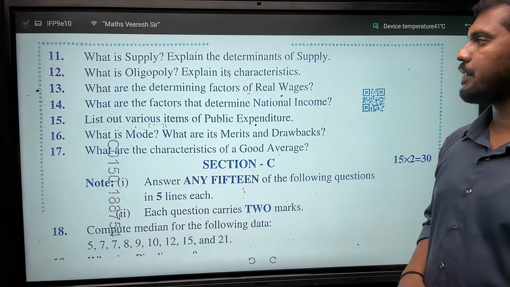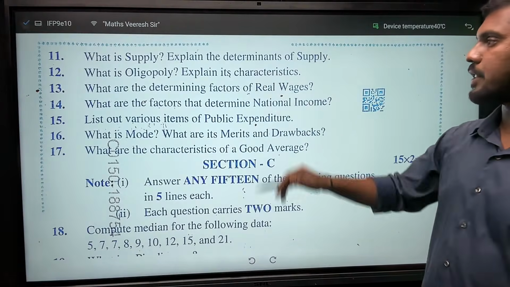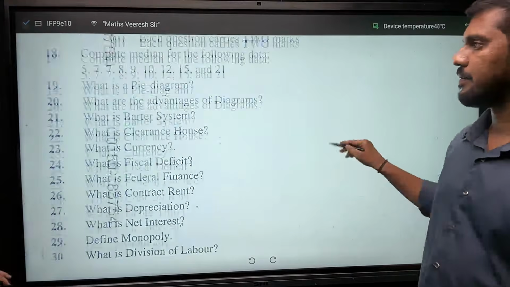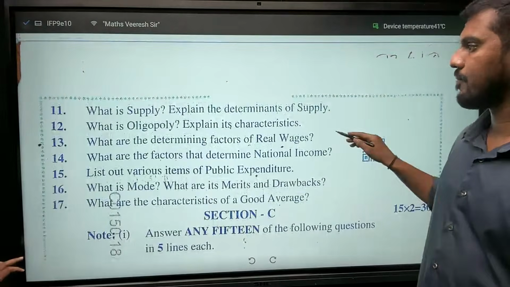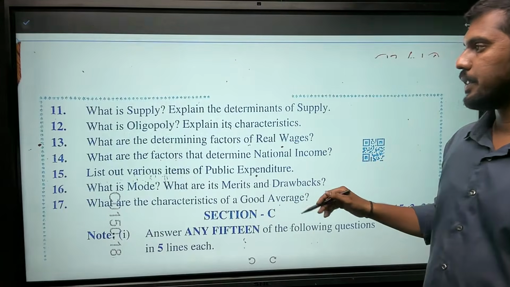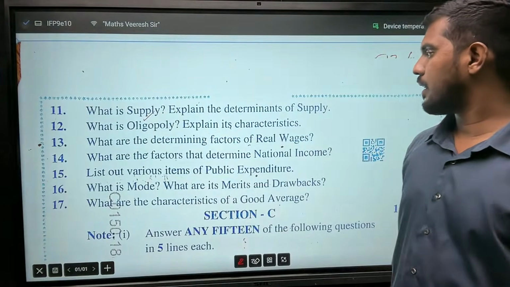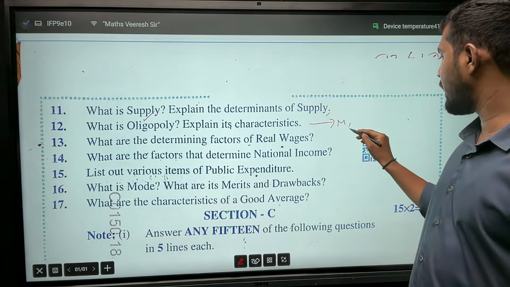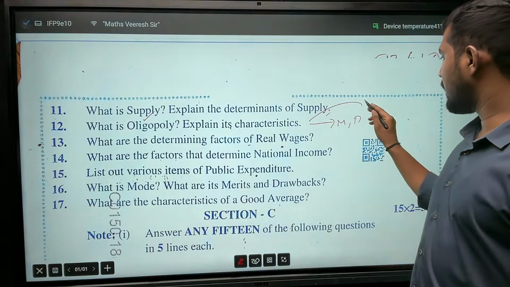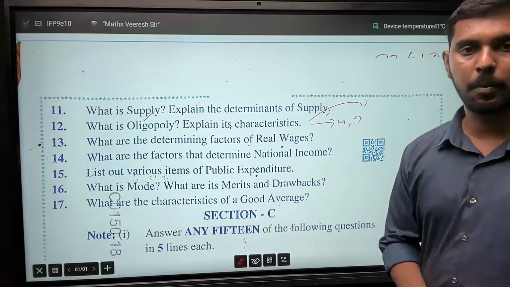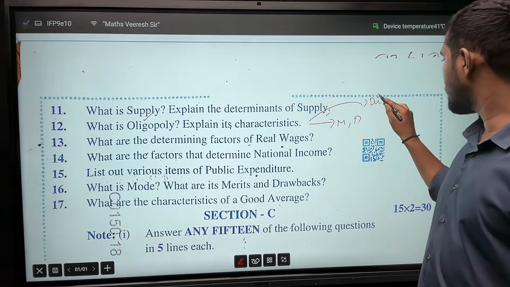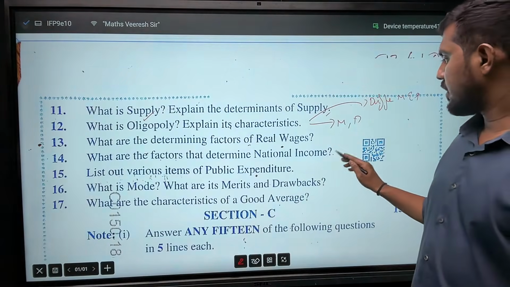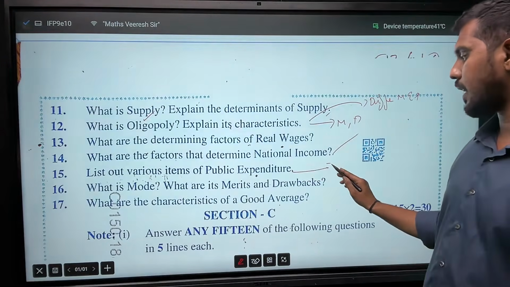In the 5th chapter, supply is being given, right? Determinants of supply. He may give profit, oligopoly, monopoly, duopoly. In this also he may give difference between monopoly and perfect competition. Same for national income and public expenditure items.